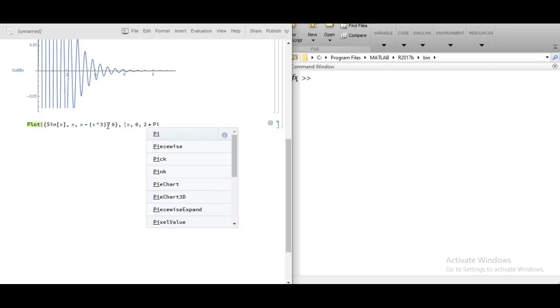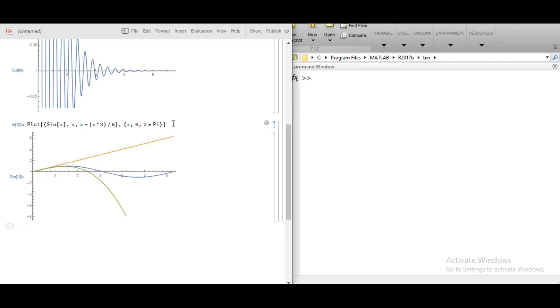So there are three plots: sine x, then x, then x minus x cube by 6, and x varies from 0 to 2 pi. Okay, so let's draw this graph.